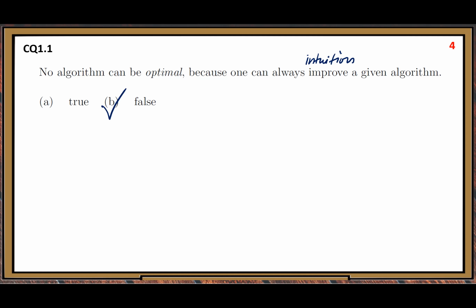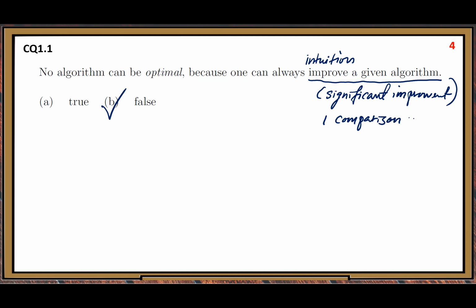Later you will see, when we talk about improving an algorithm, it must be a significant improvement. But in our previous problem number 3, finding the minimum, that one comparison is significant.